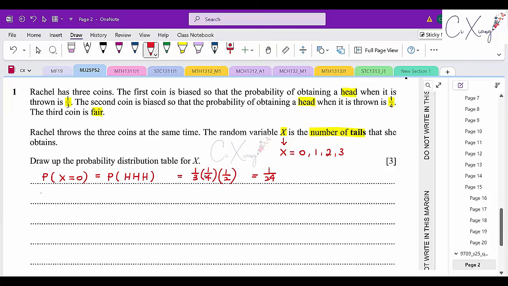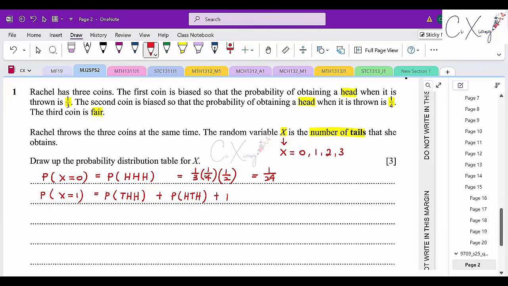Then when we have 1 tail, what are the possible cases? We might have the first coin a tail, followed by the second and the third coins being heads. It can also be that the second coin is a tail, but the first and third are heads.